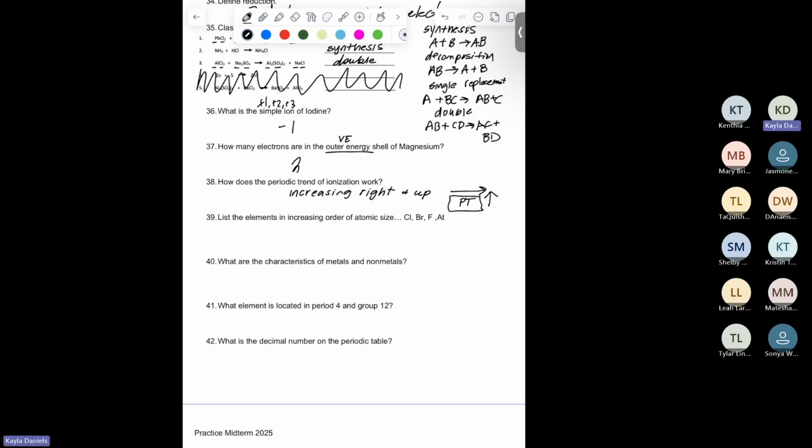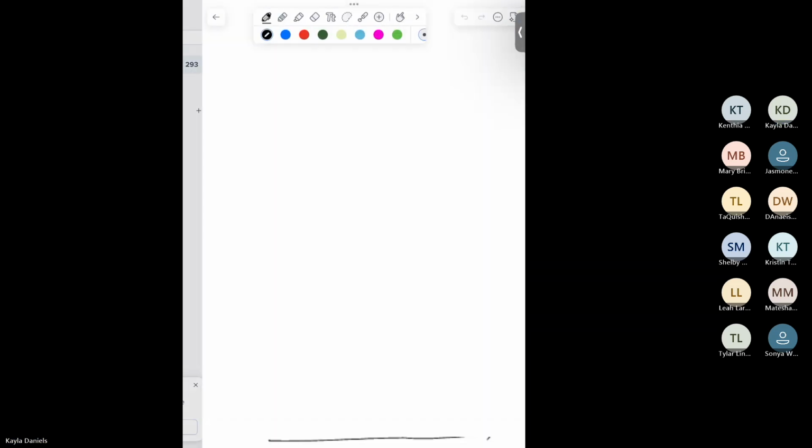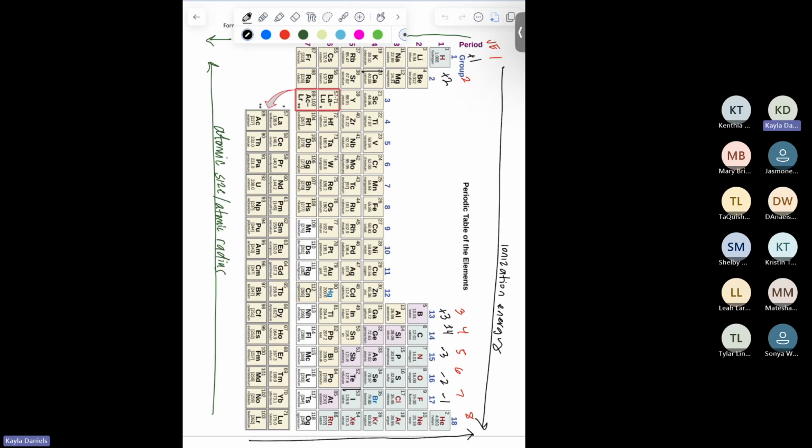All right, size though, this one they actually make you order them. So here we want increasing order, so we want to go from small to big, right? And the trend for this one is the opposite. So we have Cl, Br, F, and At.